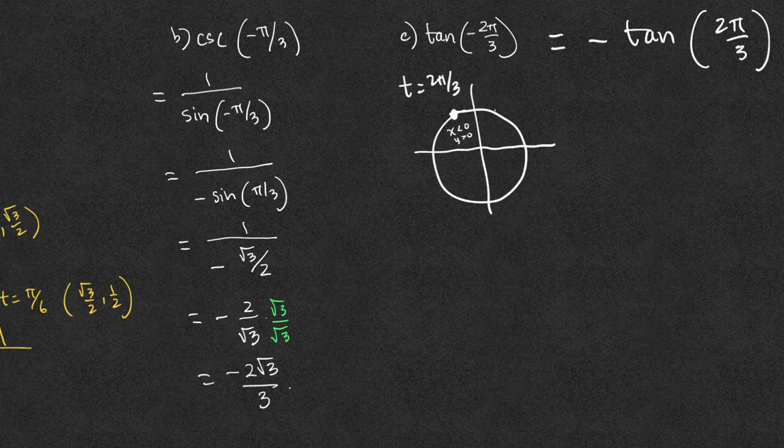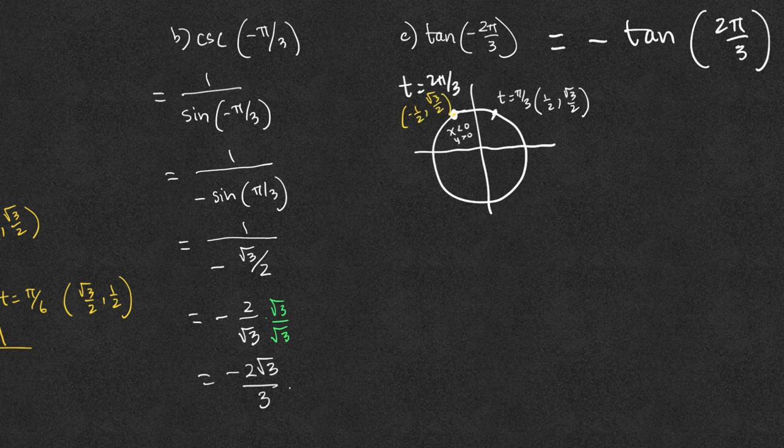Remember that in the first quadrant, with t equals pi over 3, the terminal point is x equals 1/2, y equals root 3 over 2. And so in the second quadrant, this point has the coordinate x equals negative 1/2, y is root 3 over 2.